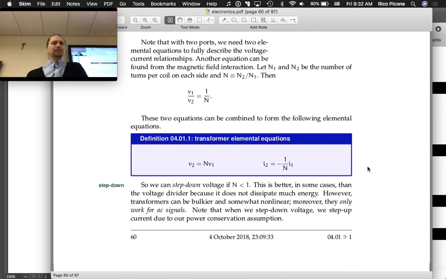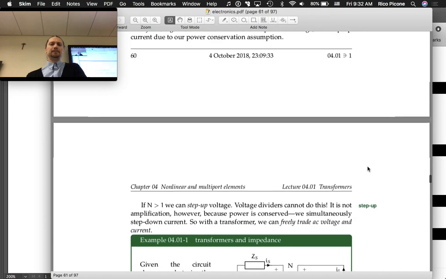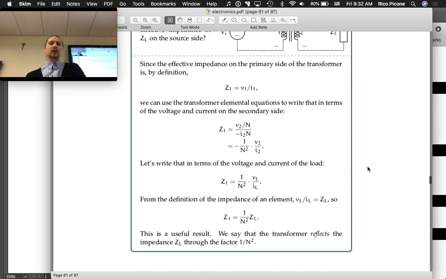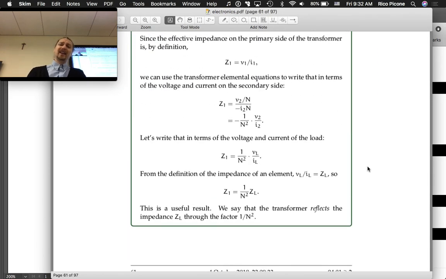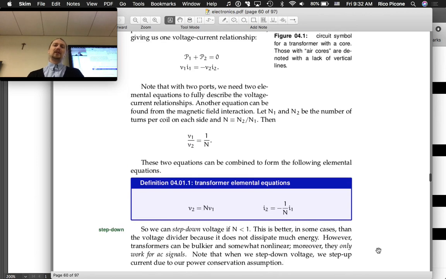So that was a useful component to learn about. And what was nice is that it pretty much just introduced its own elemental equations. Of course, when it's got 2 ports, it's got to have 2 elemental equations. And so we have 2 of them, but they're algebraic. So that turned out to work nicely for us.